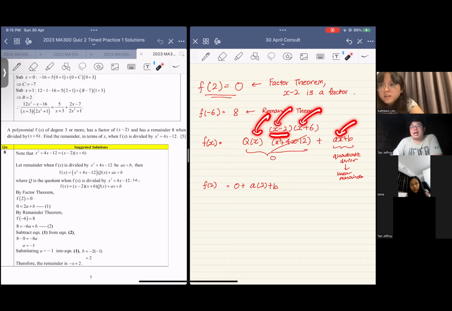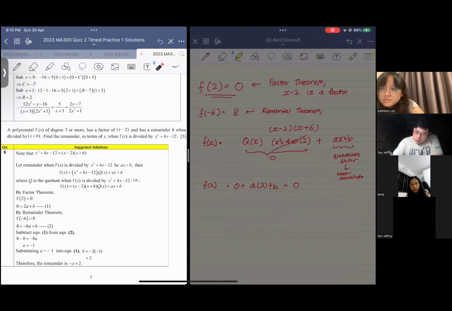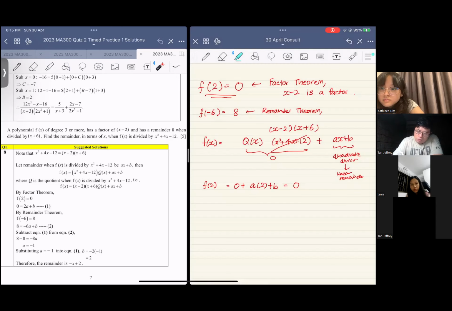I also know that it is a factor, which tells me it equals 0. So I'm just using the good information provided from the question: f(2) equals 0.